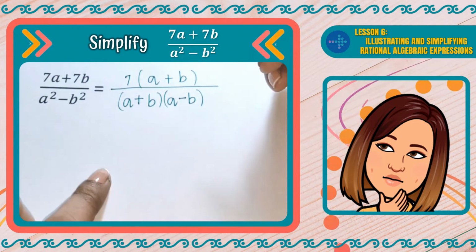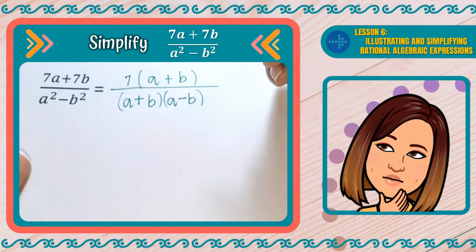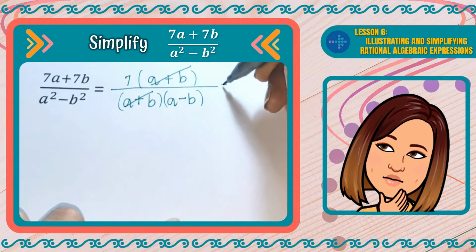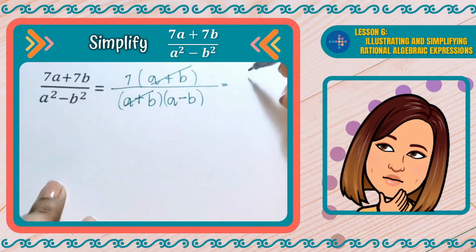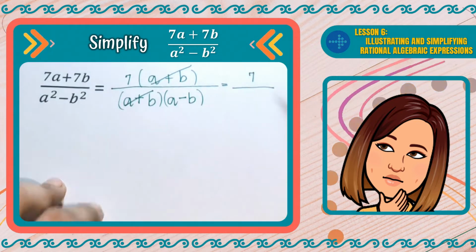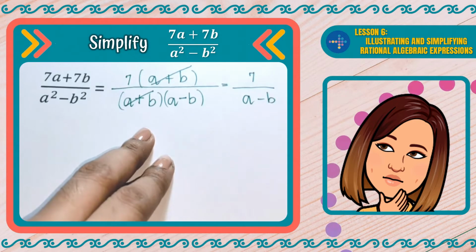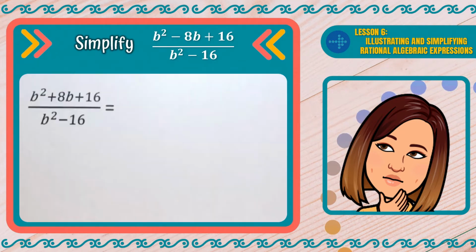As you can see, they have the same binomial factor of a plus b. So cancel. The remaining factor in the numerator is 7, while in the denominator is a minus b. So the simplest form is 7 over a minus b.